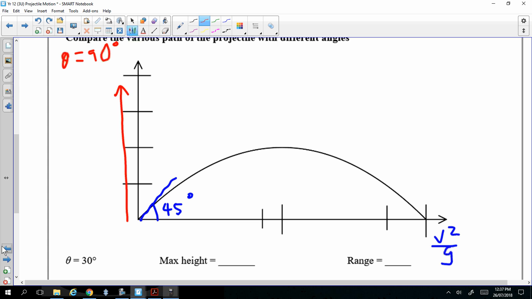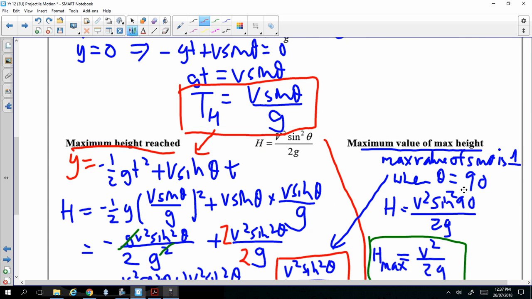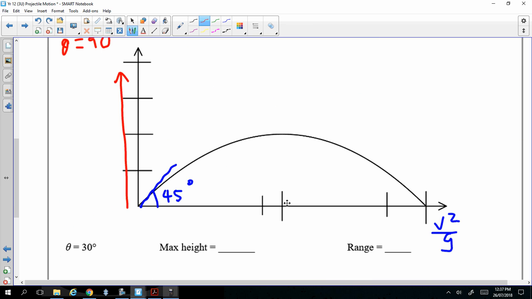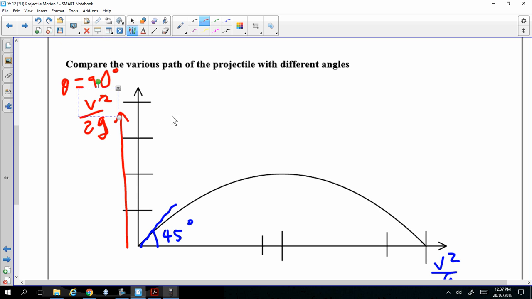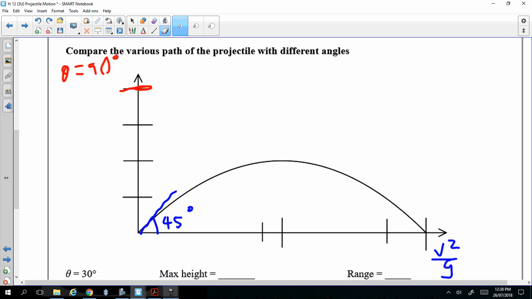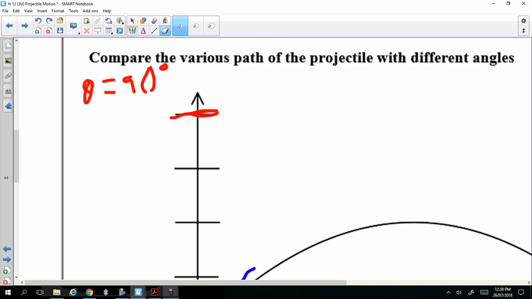So when you throw things vertically up, the highest you can ever reach is half of the range, because the range is v squared over g. That's the highest you could ever reach when you throw at 90 degrees. So let's label it there: v squared over 2g, when you throw things vertically up.